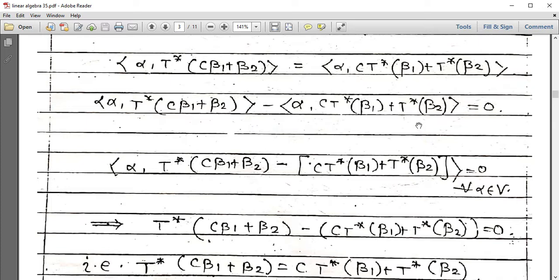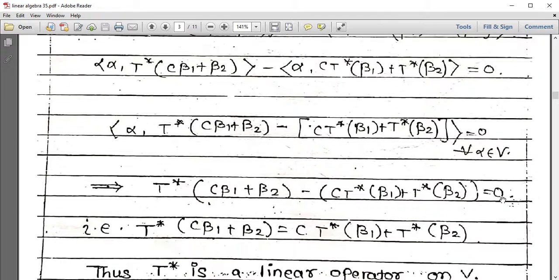Hence, by the linearity property of inner product space, the inner product of alpha and T star of c beta 1 plus beta 2 minus c T star of beta 1 plus T star of beta 2 is equal to 0 for all alpha belonging to V. Hence, the right side of the inner product must be 0, because this is a scalar quantity. For all alpha belonging to V, this term must be 0, which implies that T star of c beta 1 plus beta 2 minus c T star of beta 1 plus T star of beta 2 is equal to 0.